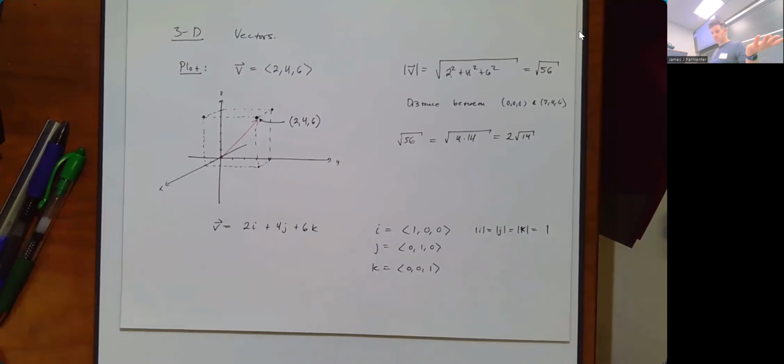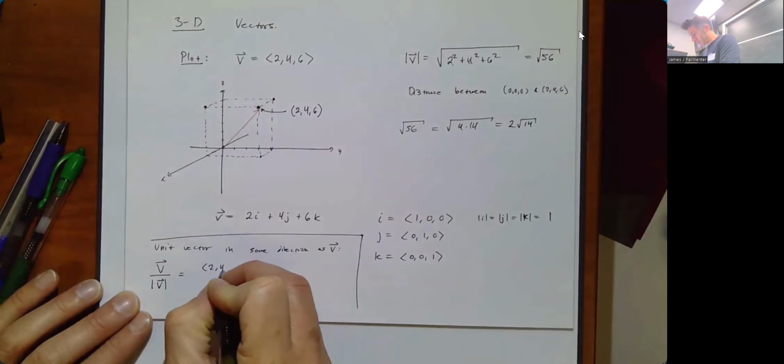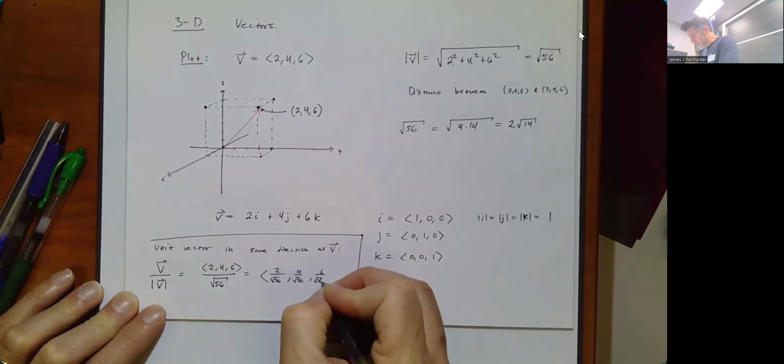And you will see this notation a lot. People aren't just going to write u, they're going to write the vector divided by its own magnitude. And then that's just going to be the vector (2, 4, 6) divided by the scalar square root of 56. And again, I like it like that, but people would probably write it as 2 over root 56, comma 4 over root 56, comma 6 over root 56.